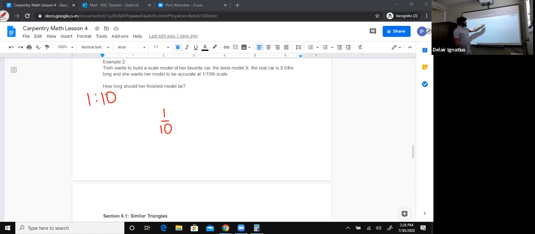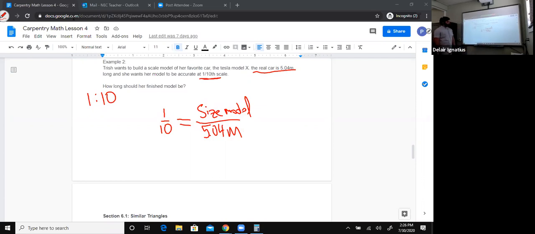And if something is at a particular scale, then there's a proportionality between the size of the thing you've made and the real thing and the scale it's written at. So 1/10, the scale that we want to make the car at, has to be equal to the size of the model divided by the length of the real car, 5.04 meters. Okay. Now we've got exactly the same thing. We've got two fractions where we don't know one value.